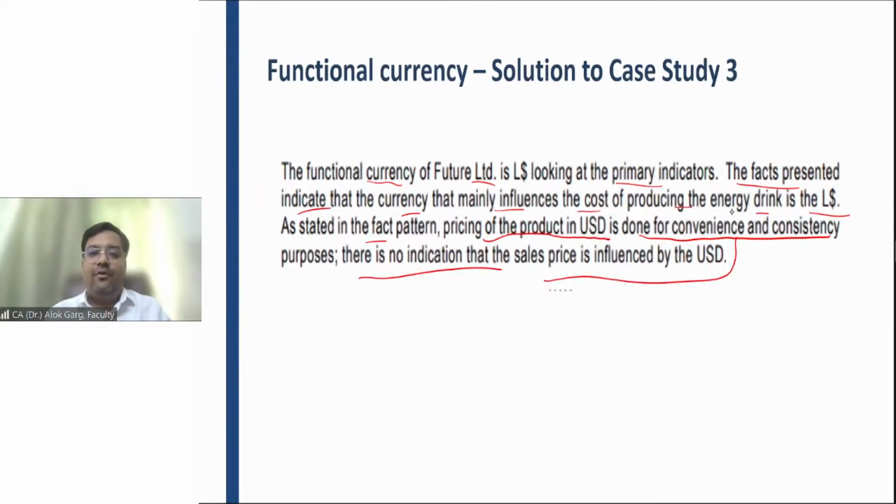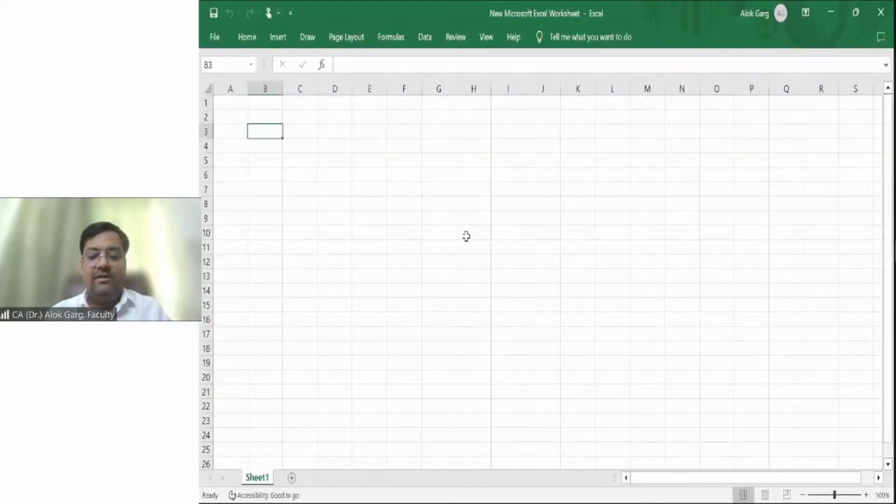Okay. So we have talked about these 4 conditions. What are those 4 conditions? Let me quickly summarize here, then I'll jump on to the next part.